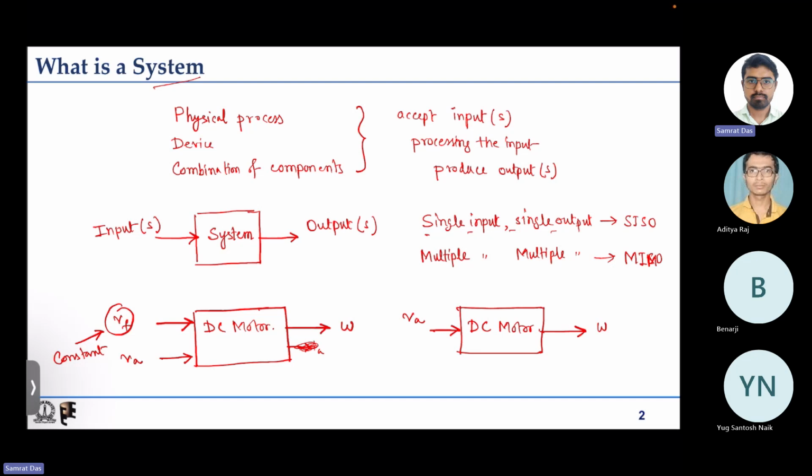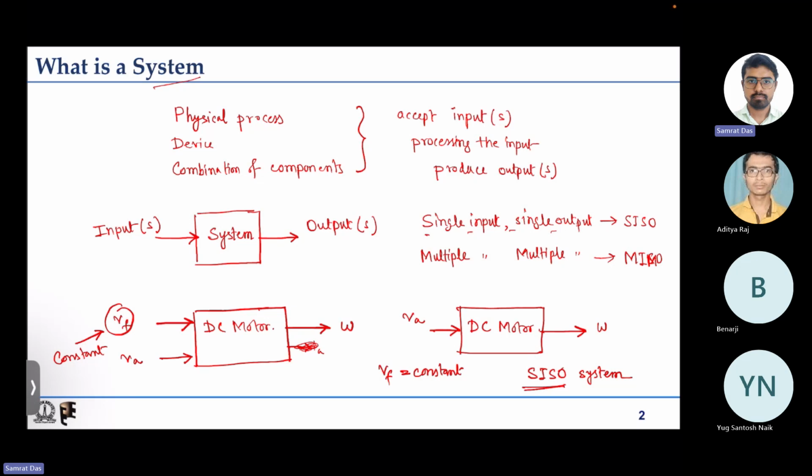So if our field voltage is kept constant during the operation, then our DC machine actually becomes a SISO system. As we'll go through the discussions, it will become quite obvious why there is always an advantage in a SISO system: we are worried about only one output and only one input we can change.